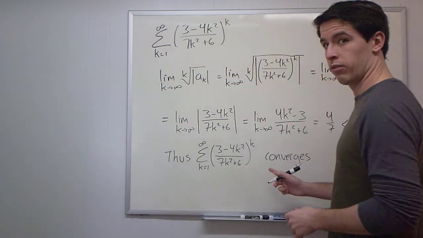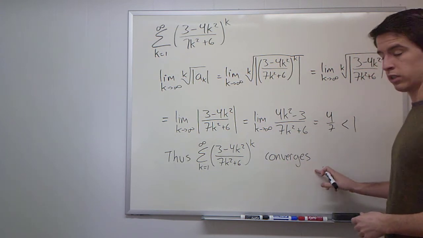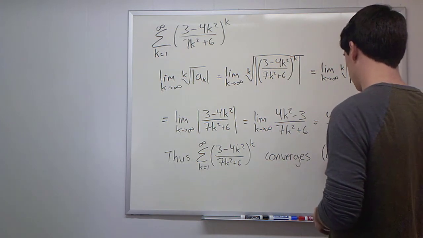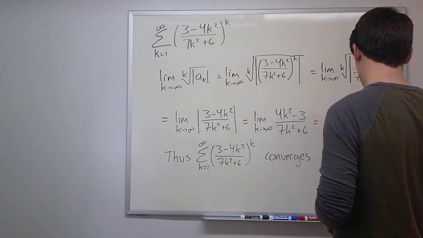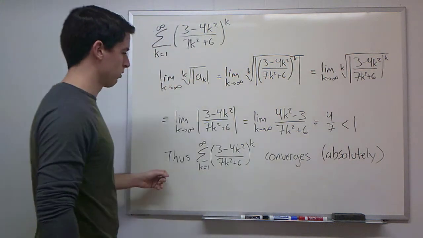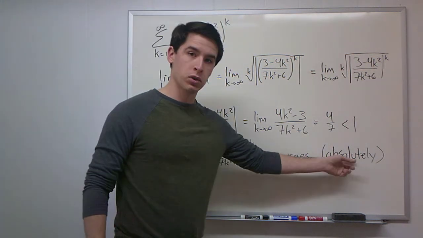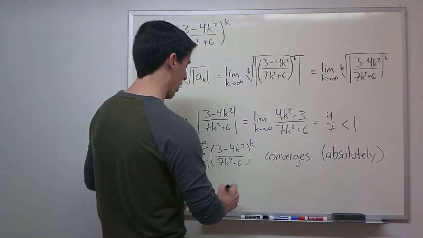And we know if it converges absolutely, then it converges. So we can just put the "absolutely" in parentheses. So our series converges absolutely, therefore it converges, and this is all by the root test.